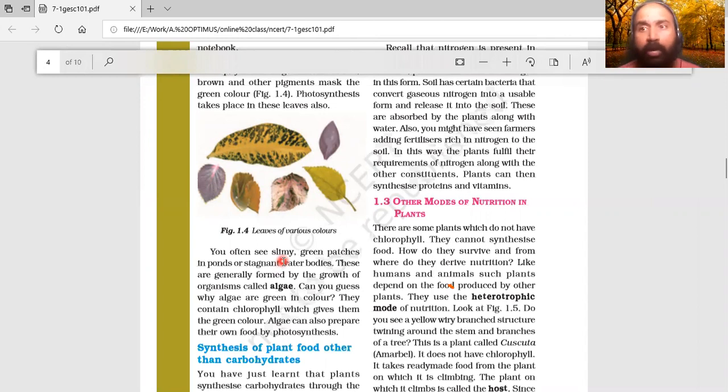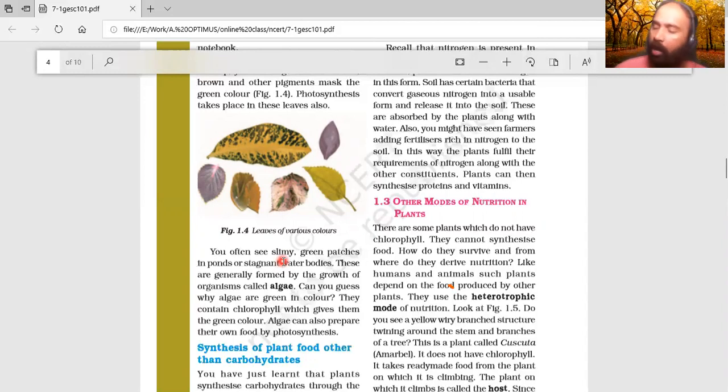No, not only carbohydrate. The organism also requires nitrogen and minerals, isn't it? The plant is getting minerals in the form of water. In water, all the minerals might be dissolved, but there are certain minerals which are required in very high quantity. I will tell you, and it also requires protein, isn't it? Does the plant require protein? Yes, even plants require protein.